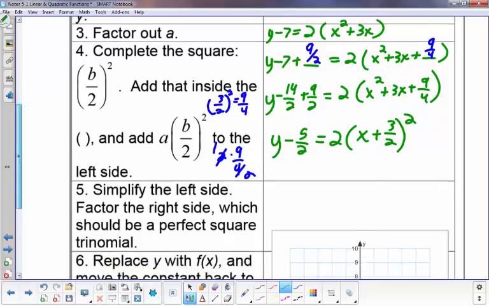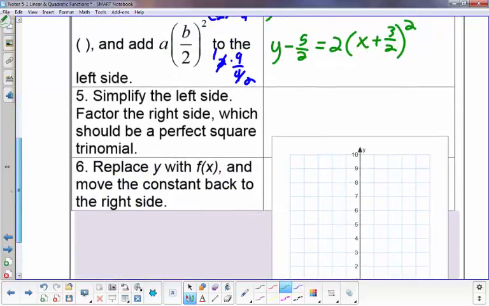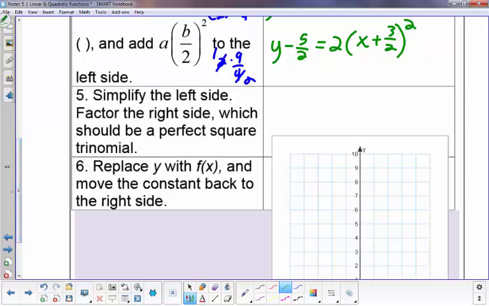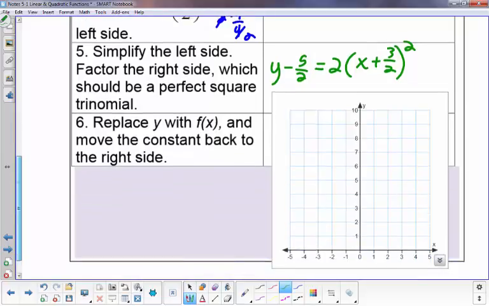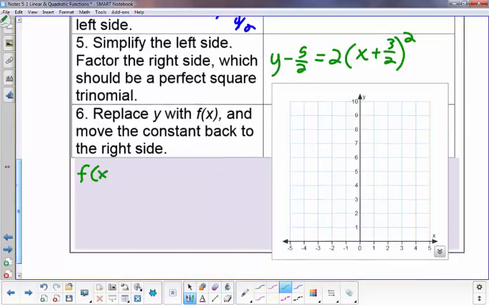And then now we can rewrite our function. Oops, I should have moved that down, sorry. There we go. So now we can rewrite our function as f of x equals 2 times x plus 3 over 2 squared plus 5 halves.